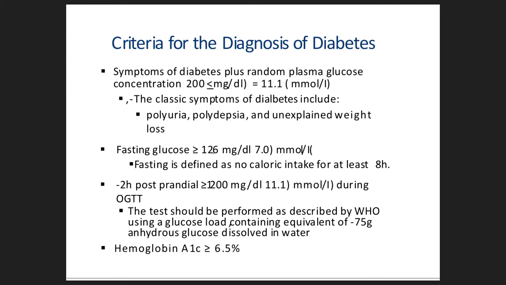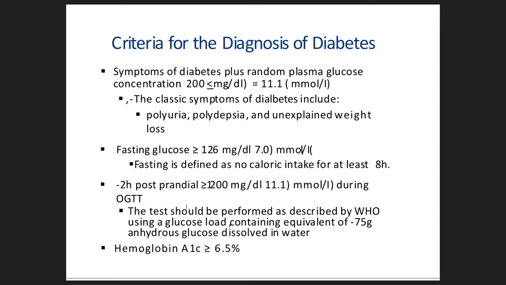So 126, when we divide it by 18, becomes 7 millimole. So fasting glucose equal or more than 126 milligram per deciliter, or 2 hours postprandial more than 200 milligram per deciliter, which is equal to 11.1 millimole.